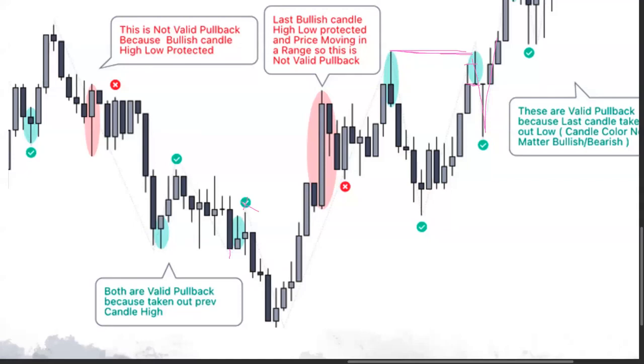Both candles are similar, so the last candle's high is taken out by the next candle. We need the last candle for the pullback marking. We need the recent candle, high or low.